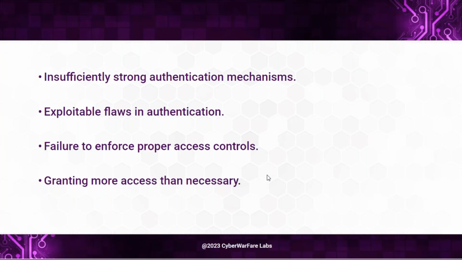Another vulnerability that attackers can exploit is when the API mishandles tokens or session management. Tokens are often used for authentication, and session cookies are used to keep track of users' login sessions.